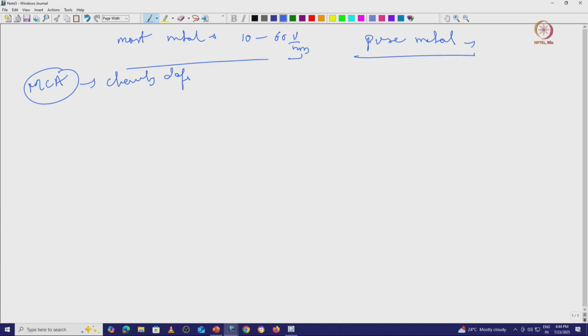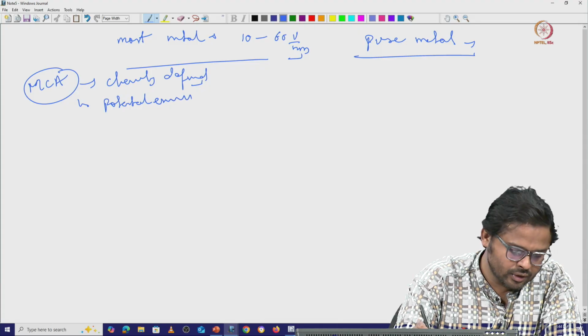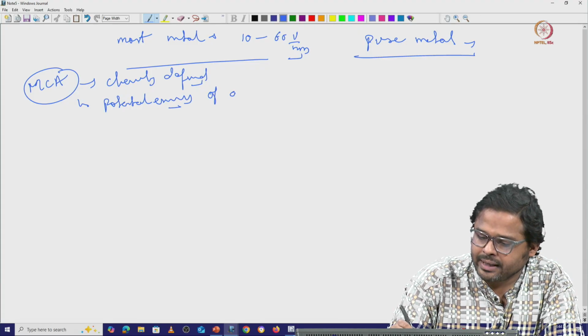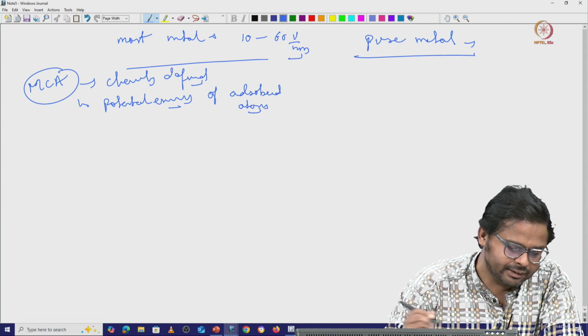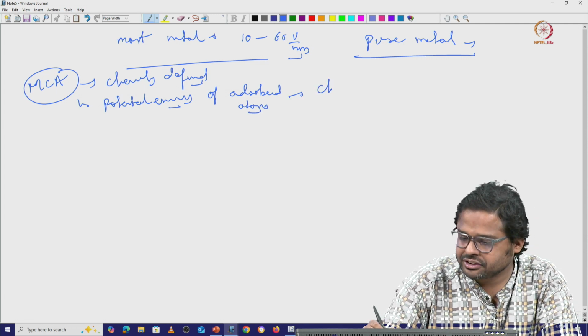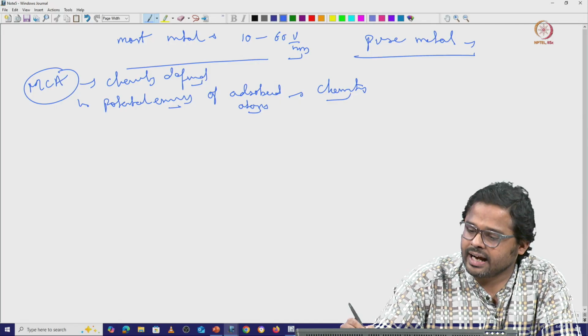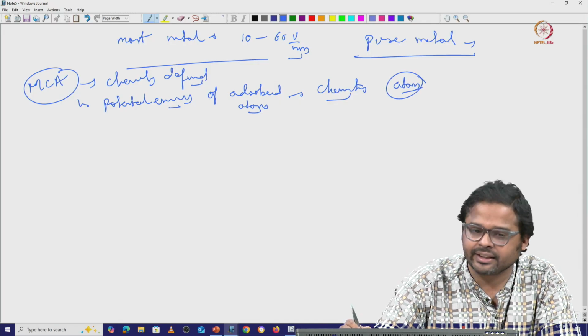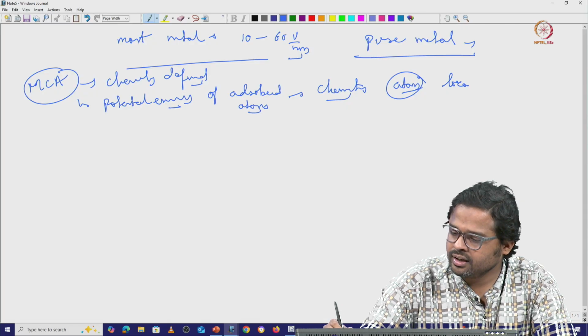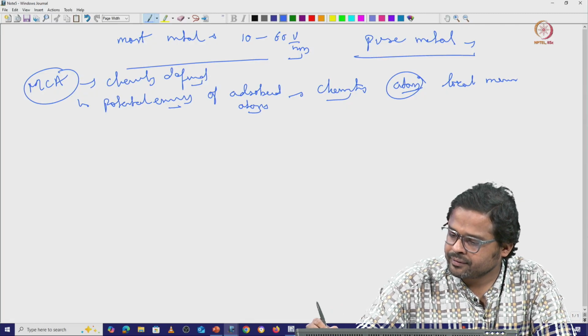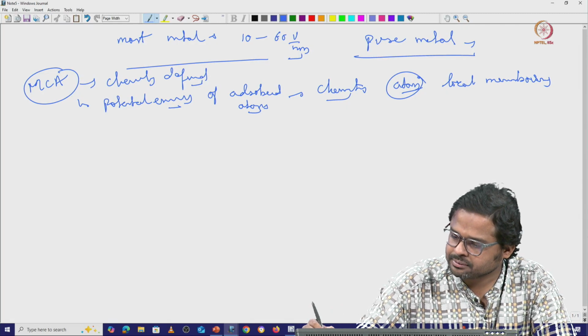Okay, so this is due to the difference in potential energy of the adsorbed atoms, that depends upon the chemistry of the neighboring atoms surrounding that particular atom, or the local neighboring atoms.